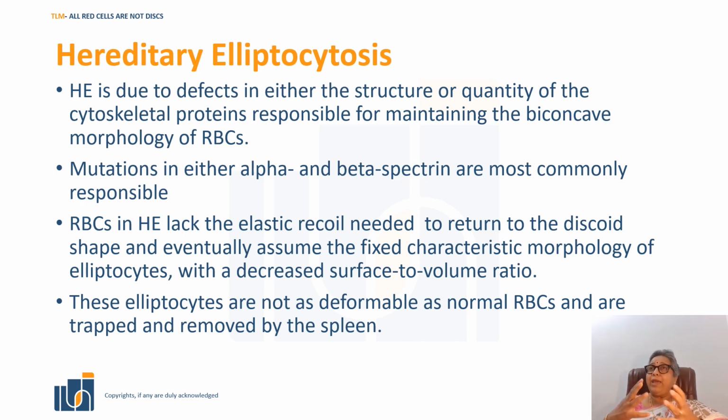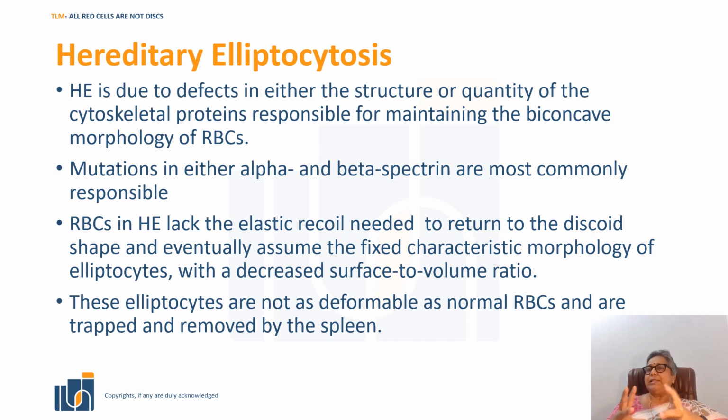Now, why does it become this elliptical shape? Because due to this membranous defect, that recoil of the RBC is not there. So when an RBC is traversing through the blood vessels, sometimes they have to change their shape as they navigate. And because of the elastic recoil that is present in the membrane, they bounce back to their discoid shape.